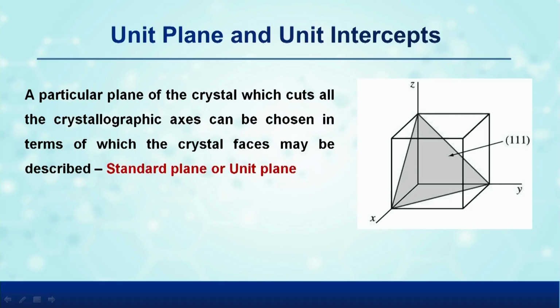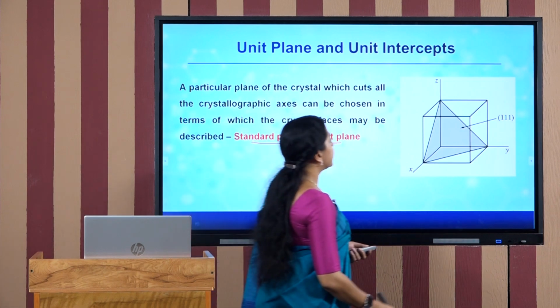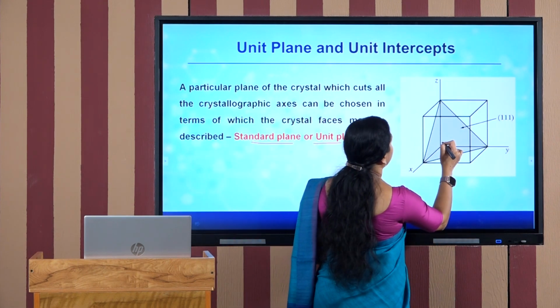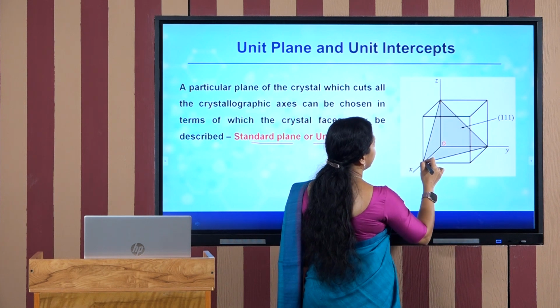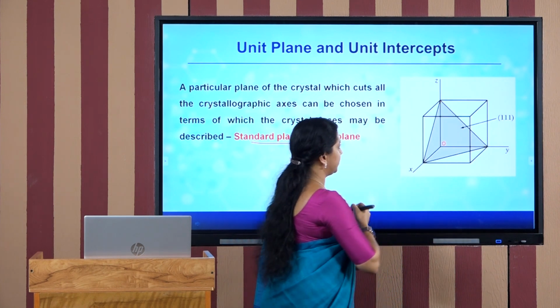Now, let us see what is meant by a unit plane. A particular plane of the crystal which cuts the crystallographic axis can be chosen, in terms of which the crystal faces may be described. Such a plane is called a standard plane or unit plane. If we consider this crystal again, we can see that the plane cuts the three crystallographic axes.